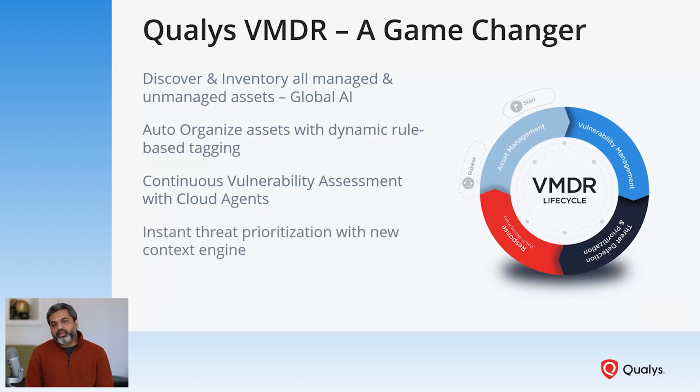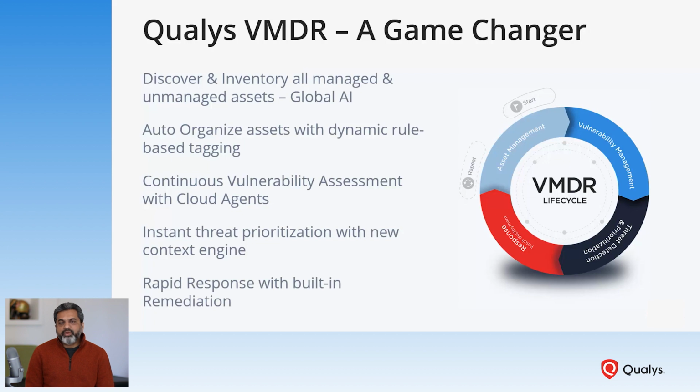And also in that workflow, we have added the ability to look at threats, prioritize those threats with a new context engine, which is taking the threat of the vulnerability itself, the asset priority, criticality, and the various elements on the asset, which is the attack surface of that asset, to be able to come up with something that is very unique in the way that it's being done, because we are bringing so many different pieces of information together.